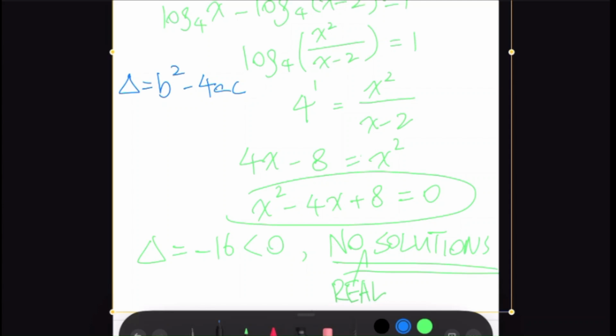Is that the square root of the... Yeah, so that would give us negative 4 squared minus 4 times 1 times 8, which is 16 minus 32, which would be negative 16. And that's how you get the discriminant for a quadratic equation.